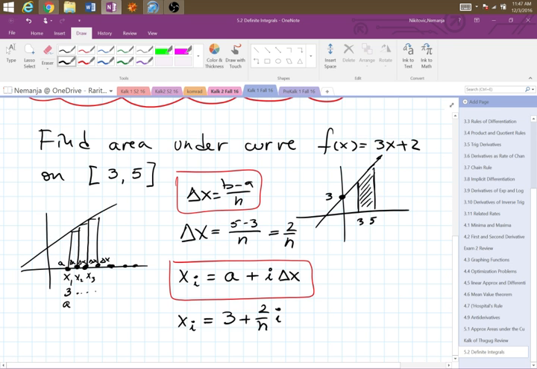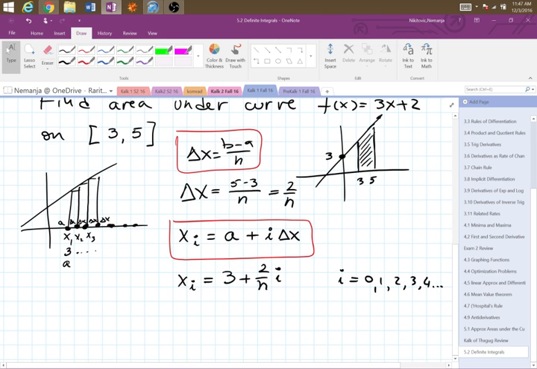And I'll put i in the back. Now this i is not the imaginary i, guys. This i is a counter. It's not an imaginary number. Don't confuse that stuff. So i is a simple counter. So what I have now is the value for delta x, and I have a value for xi. Now I need to find f of xi.